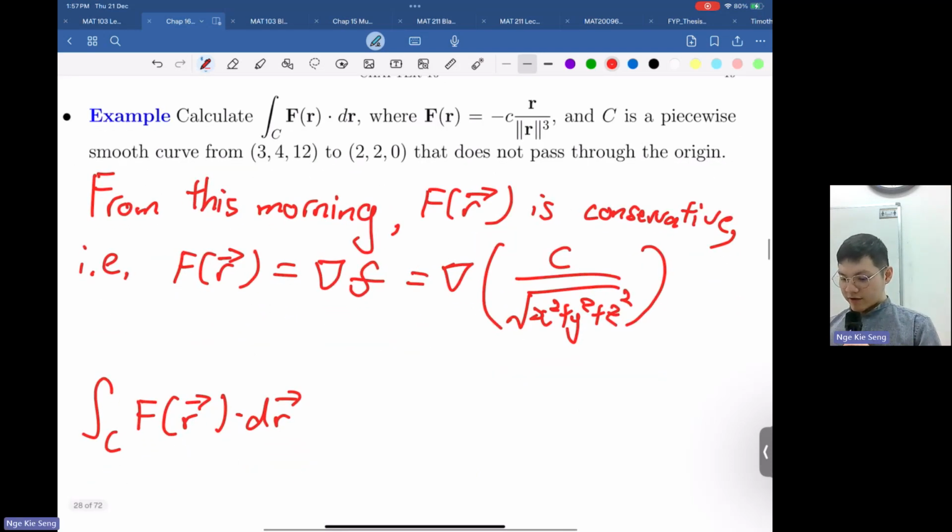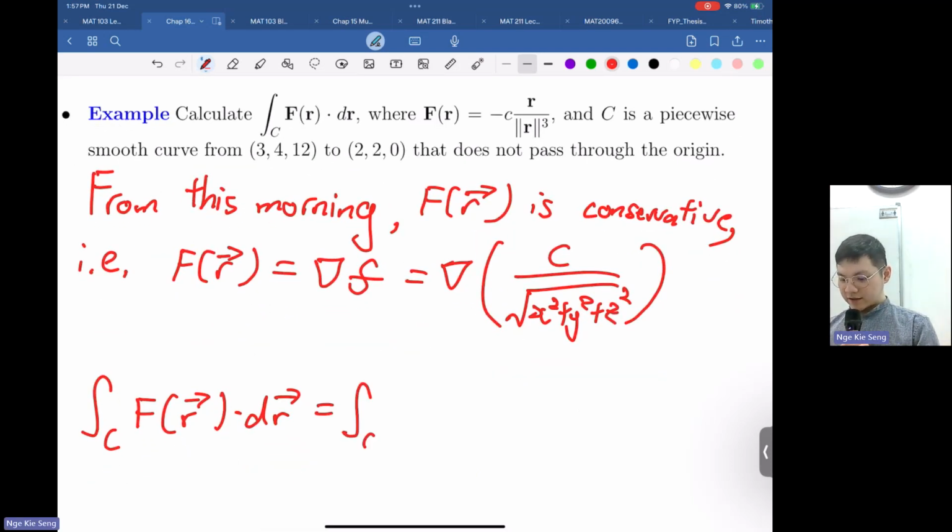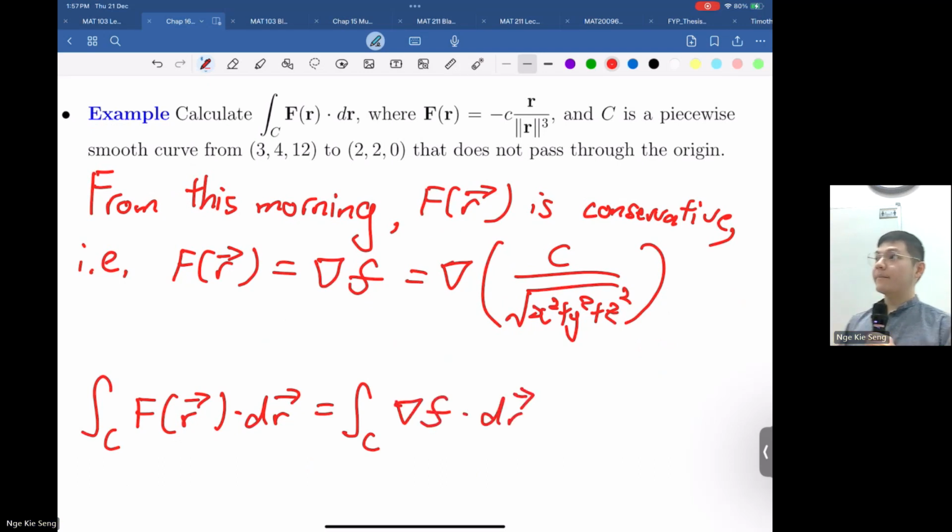So we can write it as the integral over C of del F dot dr. When you see this del F, you should think of the lower dimensional case, F prime, capital F prime.